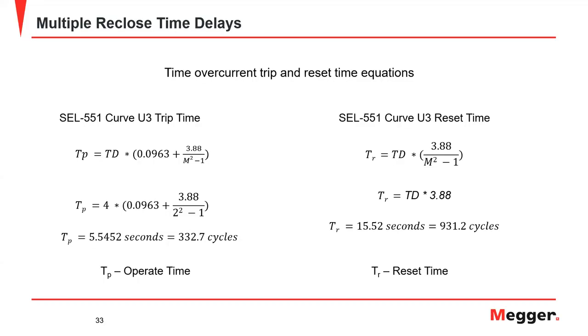All right. Abel, your next question is, what does the M value calculate? I assume still on slide 33. Yeah, we are on the proper slide to answer that question. And the answer is M is the multiple of the pickup current that is being injected as fault current to calculate the amount of time that it will take for the curve to trip.